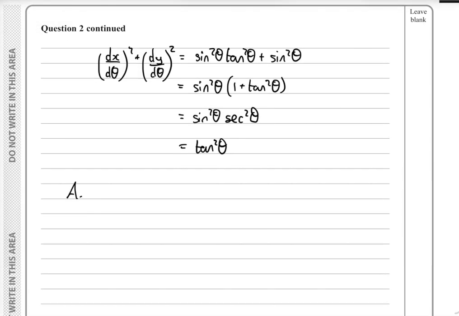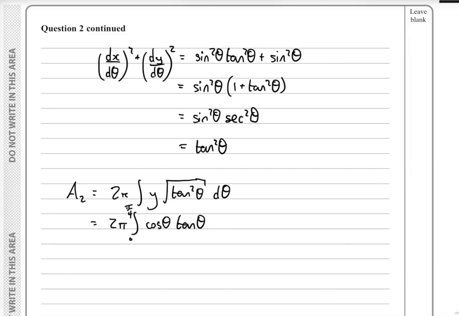So A2 is 2 pi integral of y times the square root of tan squared theta, and that is 0 to pi by 4. y was cos theta, and this is tan theta, which is sine over cos.